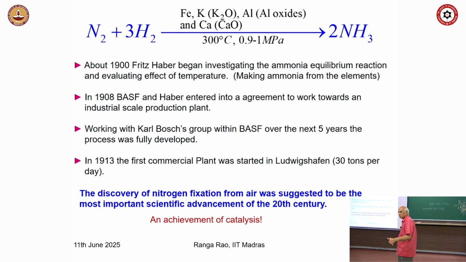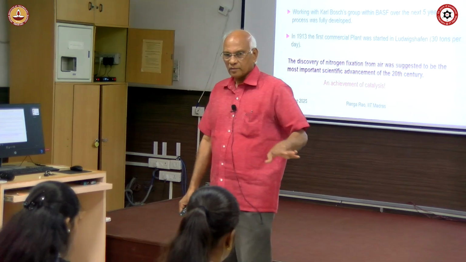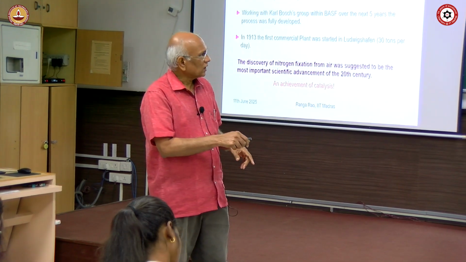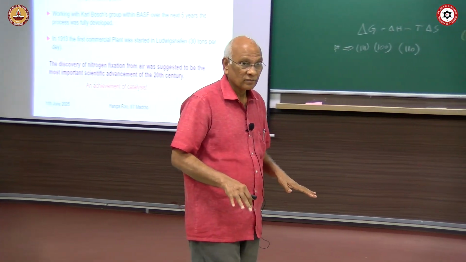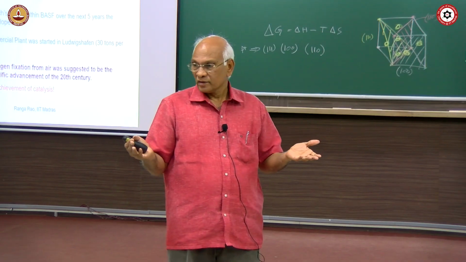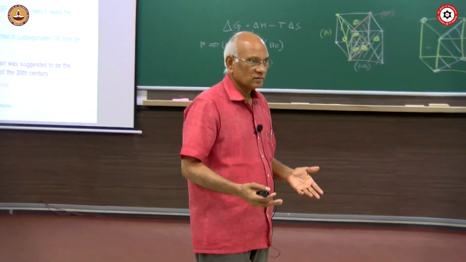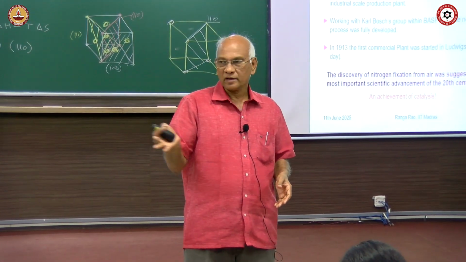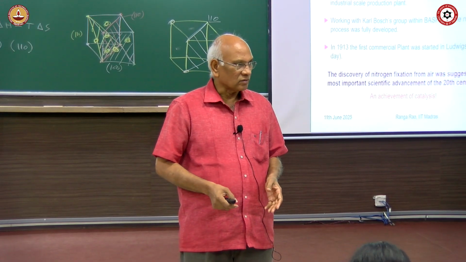Now, research is going on in our department and in many places, converting nitrogen to ammonia at room temperature, ambient conditions. You see how much energy you will save, a lot of energy. So this is one of the important research areas going on across India, in many labs and other places also.